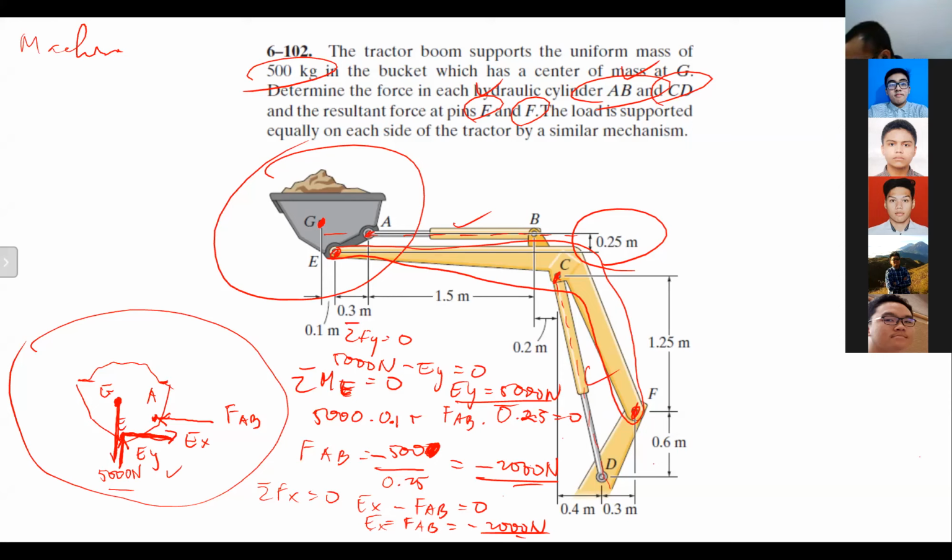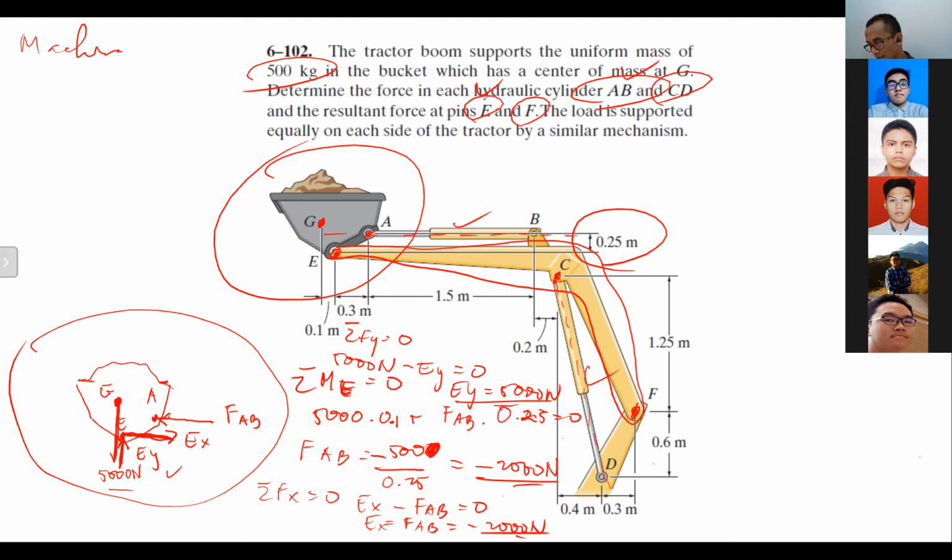CD is an external force, so what you're supposed to draw is actually the member EBCF. So you have to draw the member EBCF there.